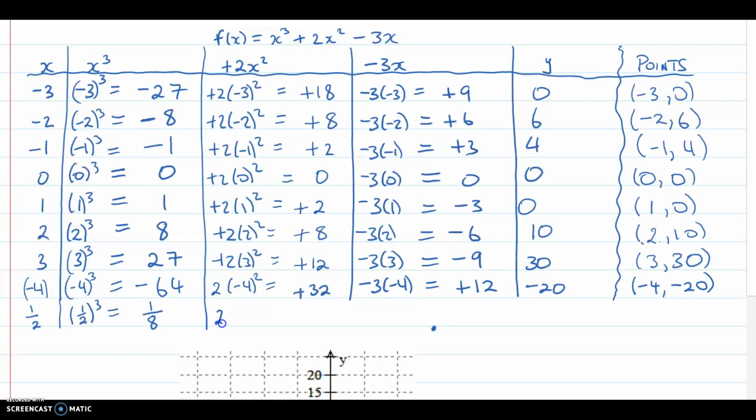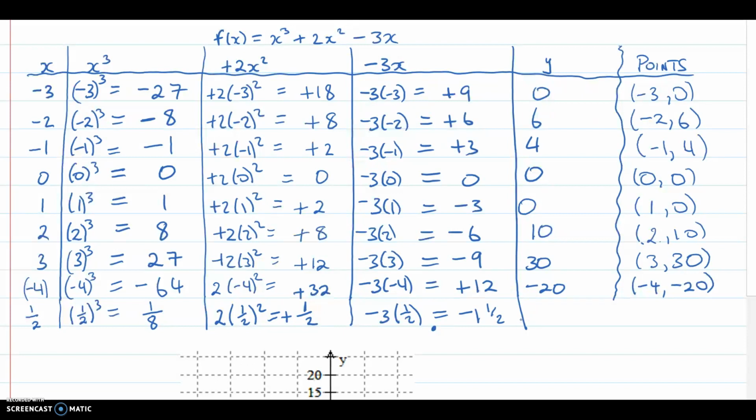This time 2 times 1/2 squared. Well, 1/2 squared is 1/4. 2 times 1/4 is 2/4 or 1/2. And this is plus 1/2, so we have plus 1/8 plus 1/2. And here we have minus 3 times 1/2, which is minus 3/2.